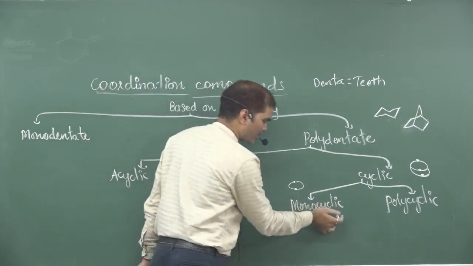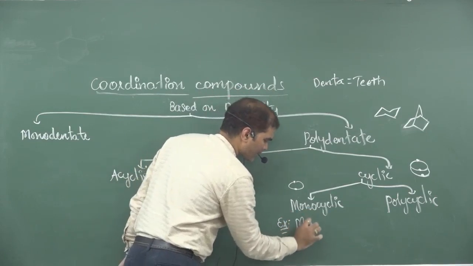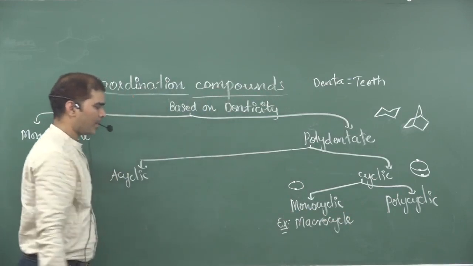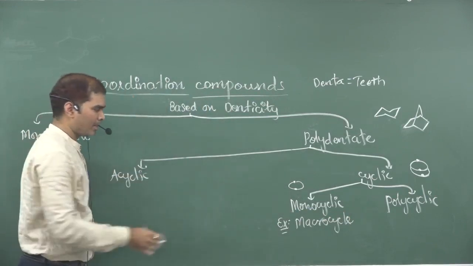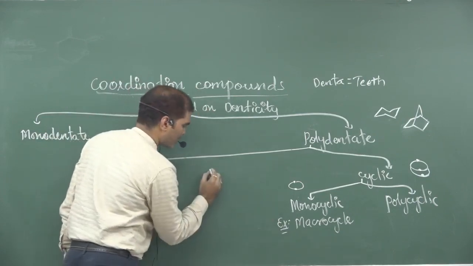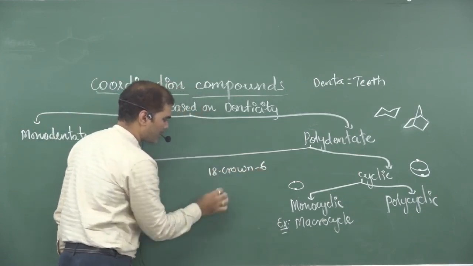Any example for a monocyclic? A simple macrocycle. A macrocycle, that is the example. You can just draw a macrocycle below. I am drawing it here. Below that macrocycle you put an example of 18 crown 6.